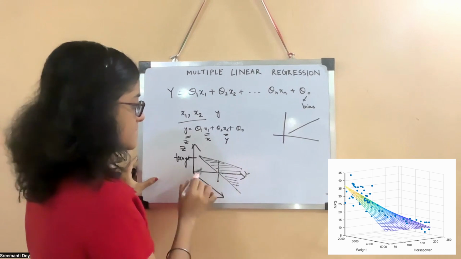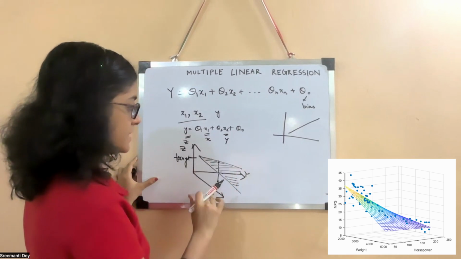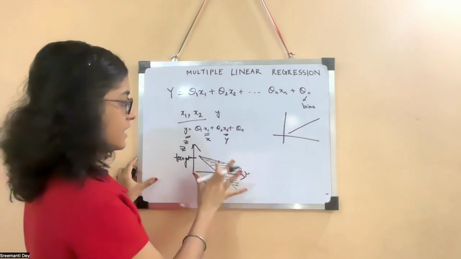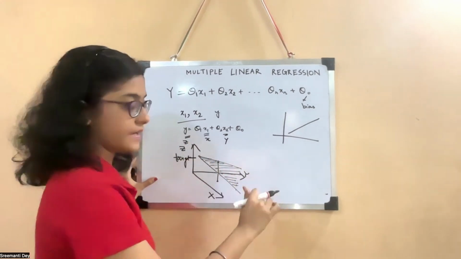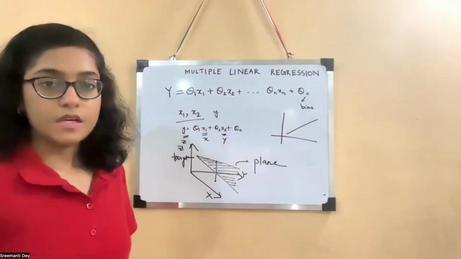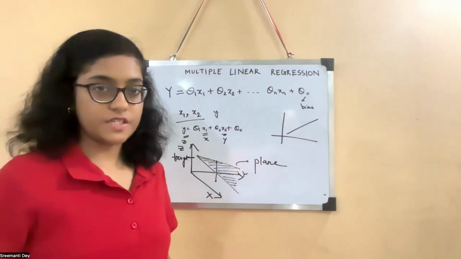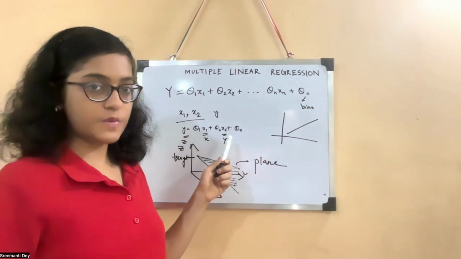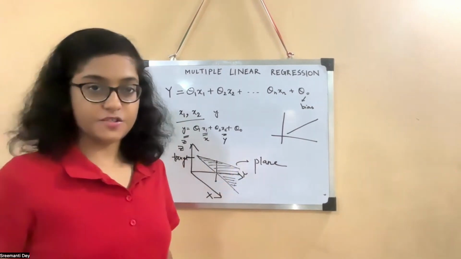This would be the curve satisfying all these points. When you project it down, it is a 2D curve in terms of x and y, which is a plane. So now we are trying to find the equation of this plane, y equals theta 1 x1 plus theta 2 x2 plus theta 0, which is our target right now.